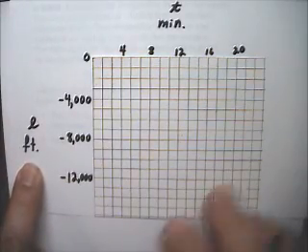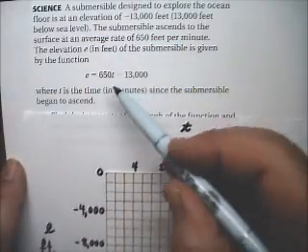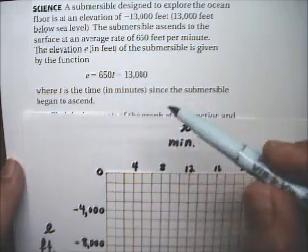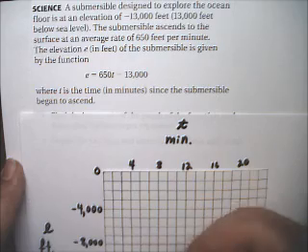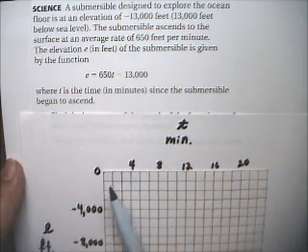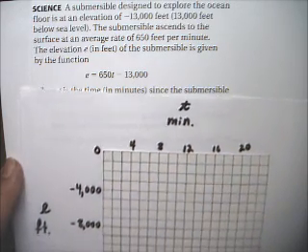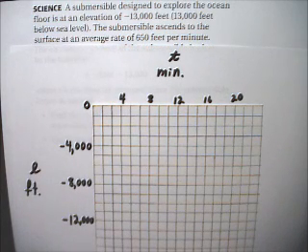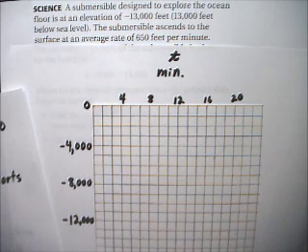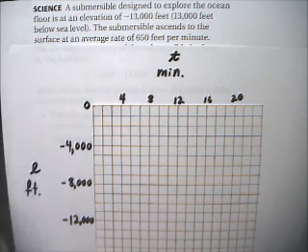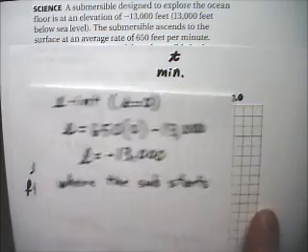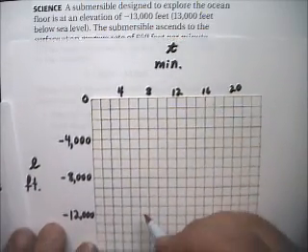This is the elevation. The formula is E equals 650t minus 13,000. That means E is ordinarily where our y is, and t is ordinarily where our x is. And the e-intercept is minus 13,000.